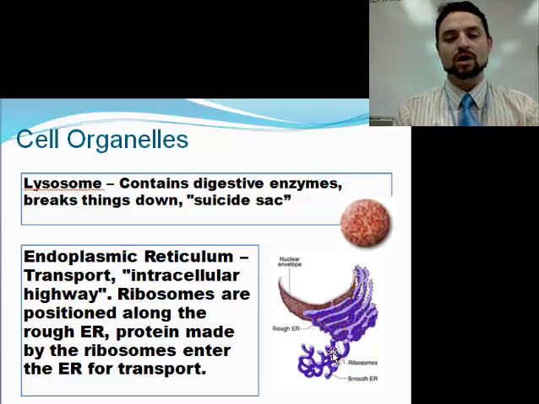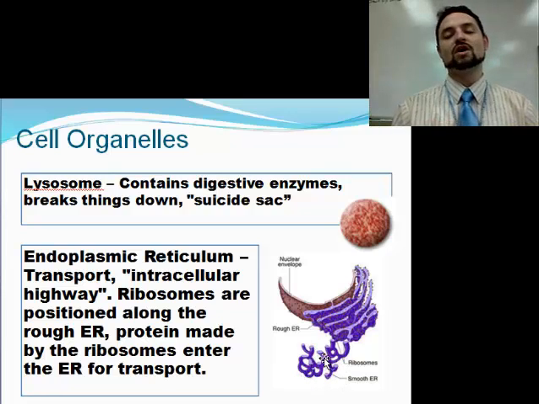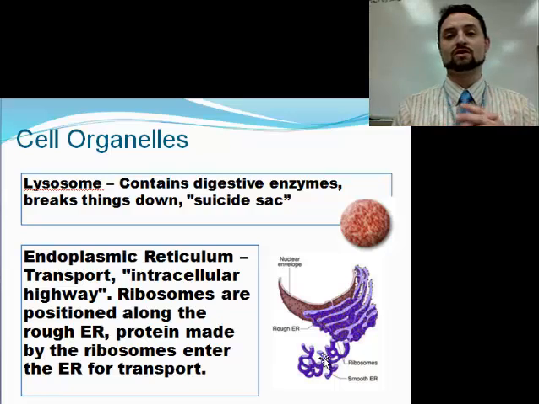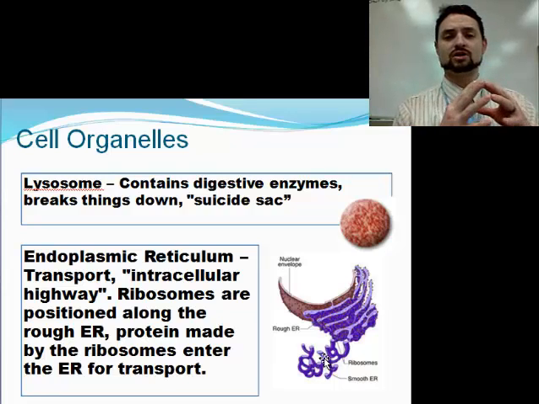The smooth ER is down here, and it does not have those ribosomes connected to it, and it's involved in more of, sometimes it's compartmentalizing and storing stuff. The cell uses the smooth ER many times like a closet to put certain things in and then release it at different times.